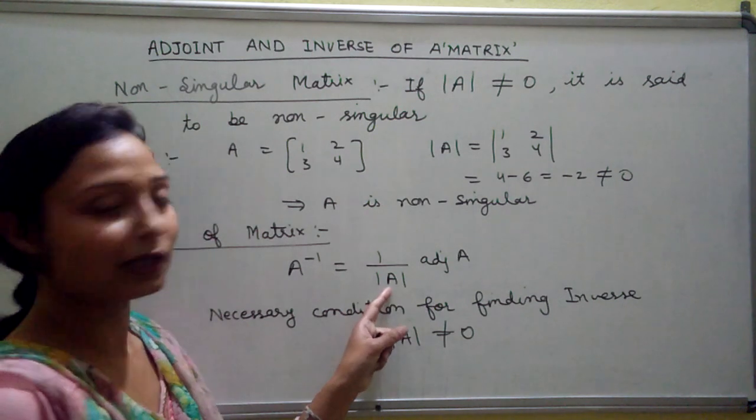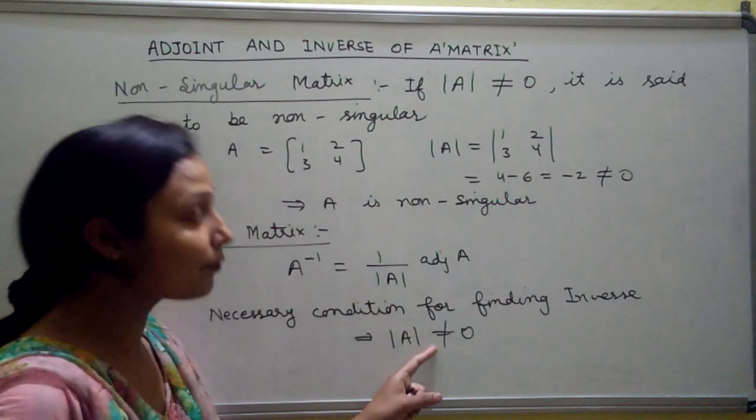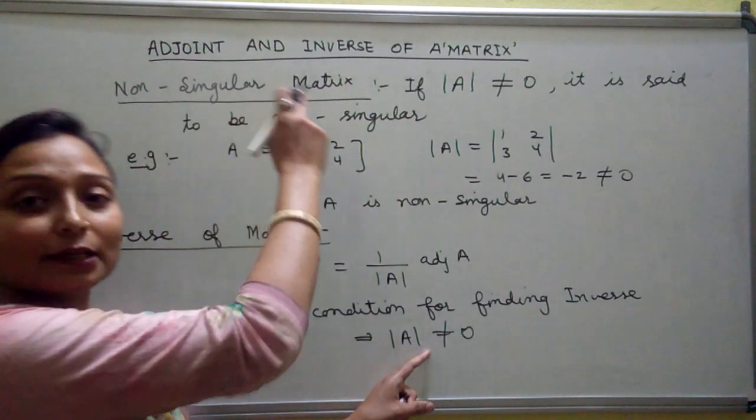If it is not equal to 0, it means it is a non-singular matrix.